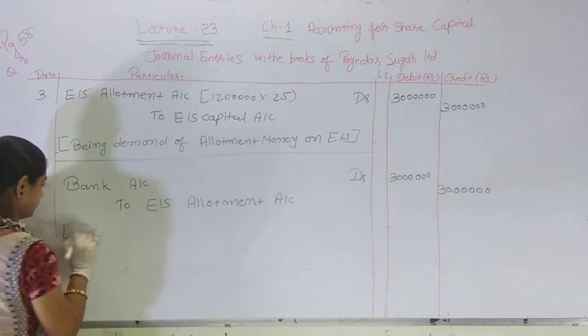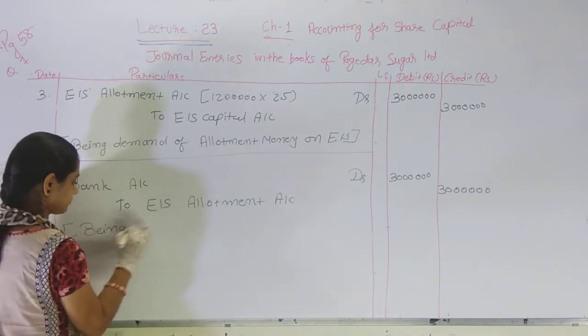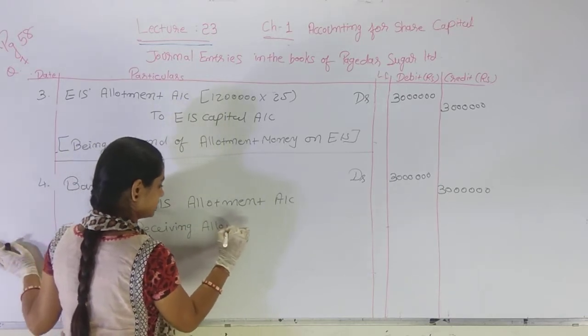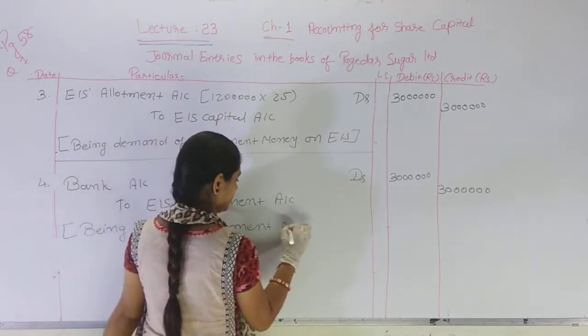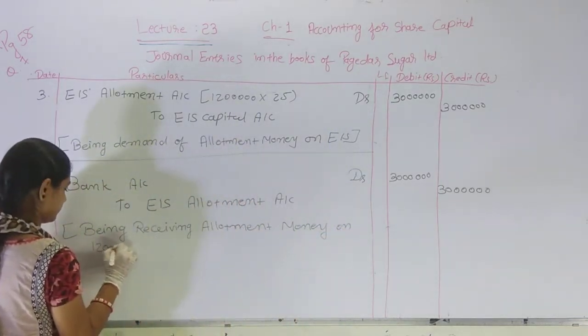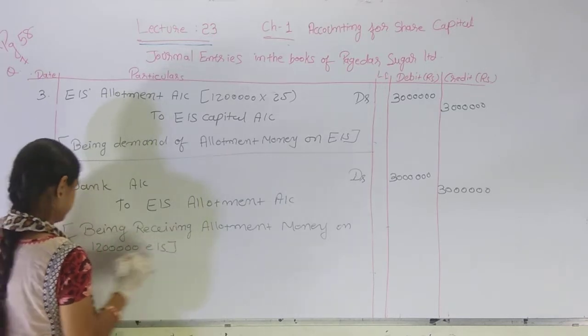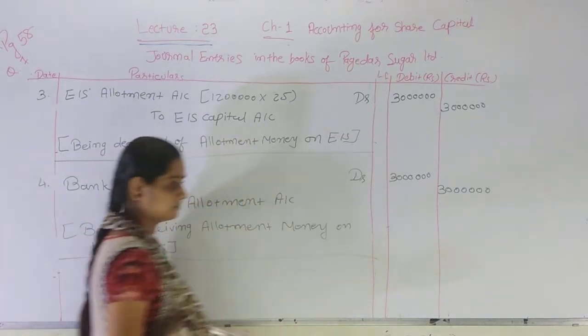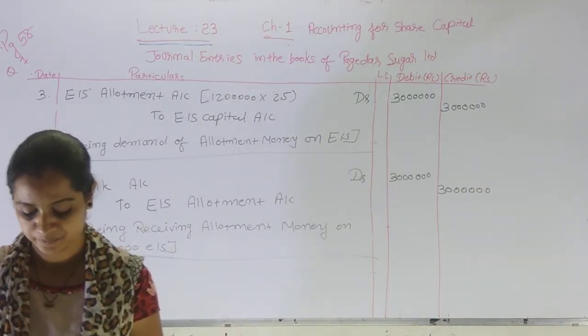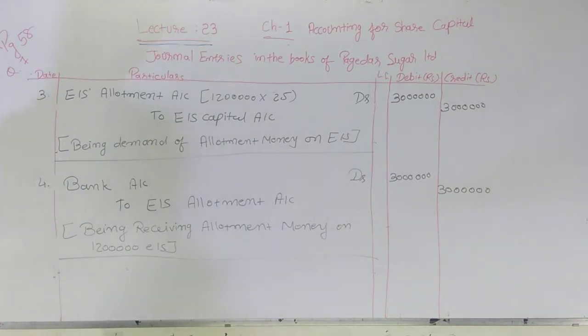Into bracket being receiving allotment money on 12 lakh equity share, right? With this we have completed first 4 entries. Write down this. Completed. Next.